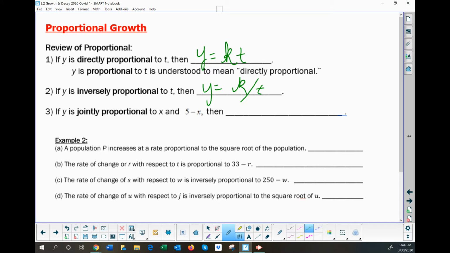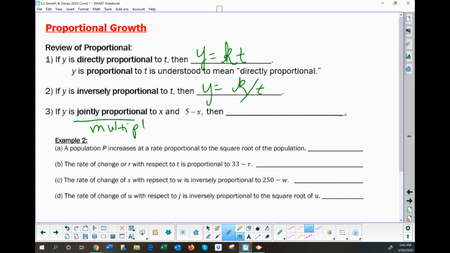And that would be the case if you analyze what we wrote there. T being the denominator, if t rose and got larger, that's going to make a smaller number overall, so y would get smaller. Jointly proportional has to do with multiplication. So we're going to multiply a couple scenarios together.